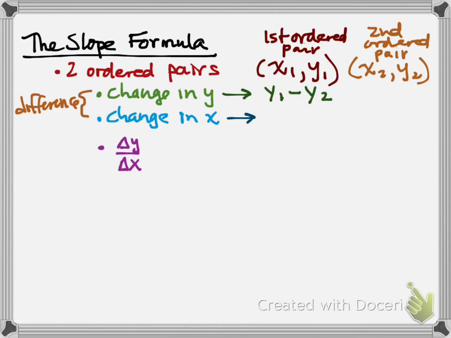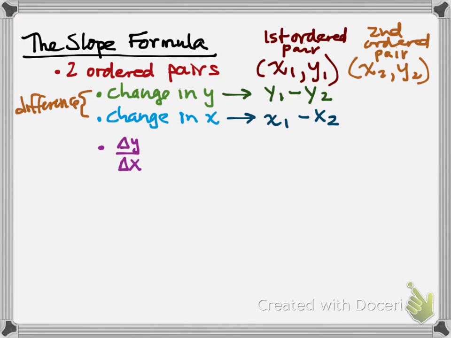But what I have to remember is I took the y from the first ordered pair in front, and I subtracted the y from the second ordered pair. I'm going to do the same thing with my x's. So I have x sub 1 minus x sub 2.